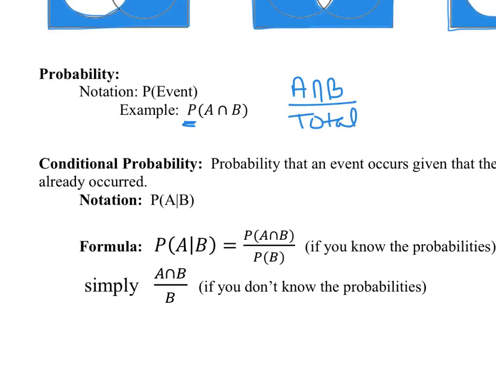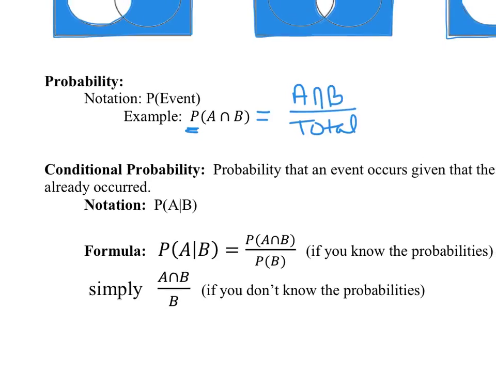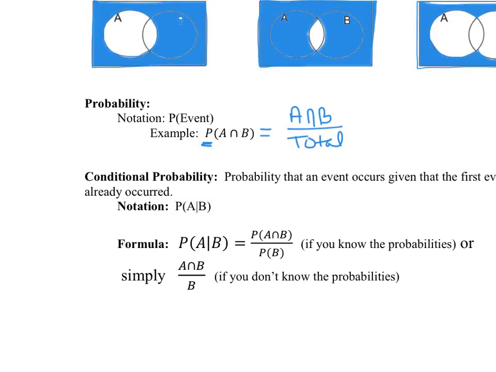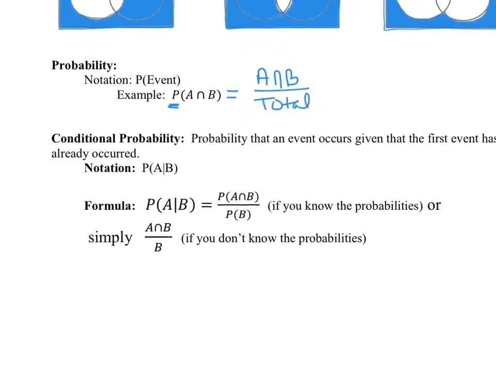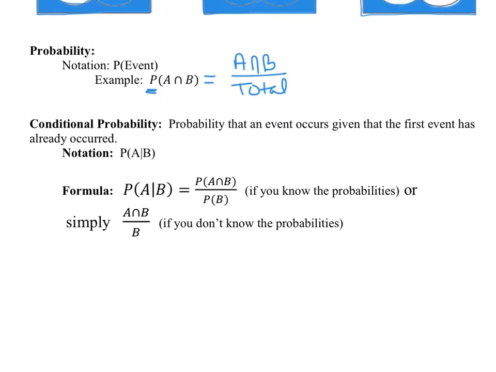Again, remember that whatever probability is, it's always over the total until we get to today, until we get to what's called conditional probability. Conditional probability is the probability that an event occurs given that the first event has already occurred. So we already know something has occurred, and what that does is it changes the bottom number.